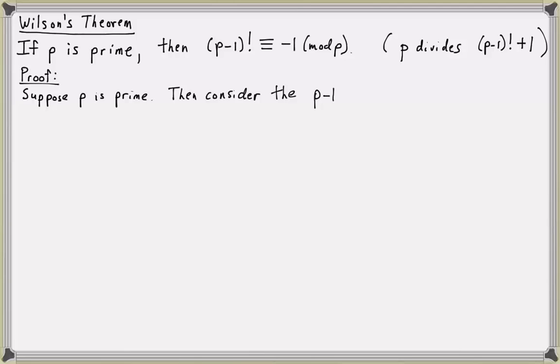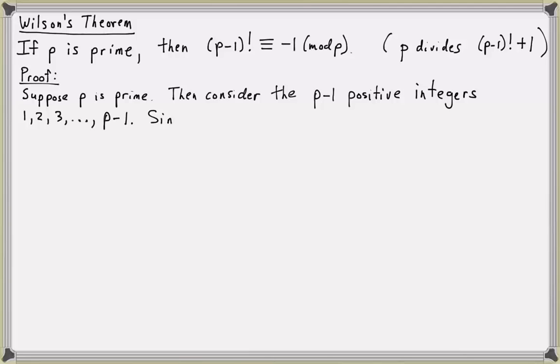So look at the p minus 1 positive integers 1, 2, 3, all the way up to p minus 1. Now each of these numbers is relatively prime to p. So we've proven that each one would therefore have a unique inverse mod p.